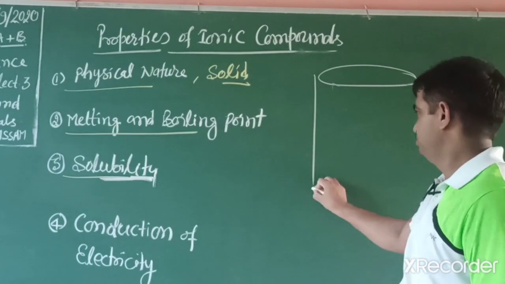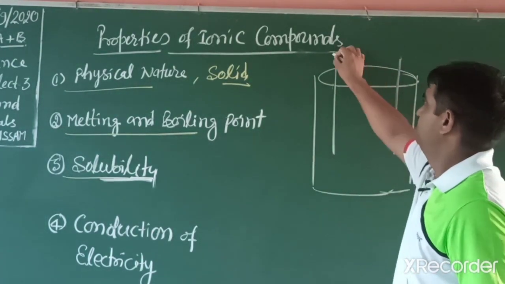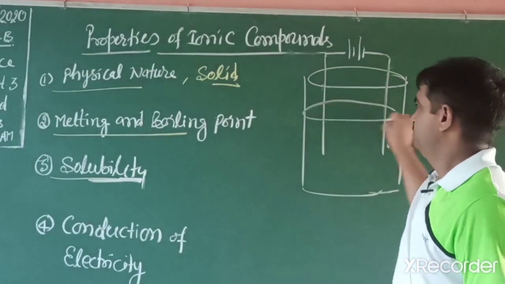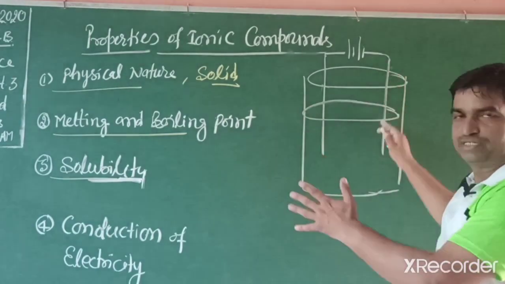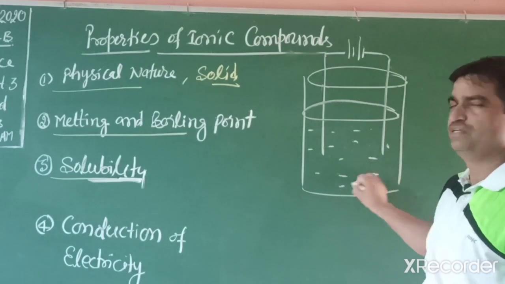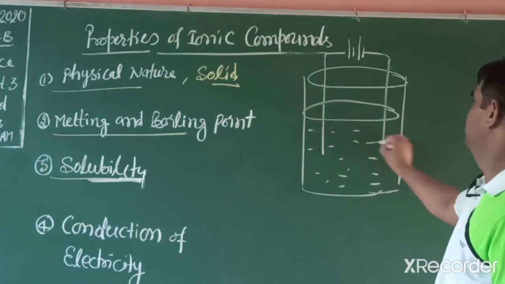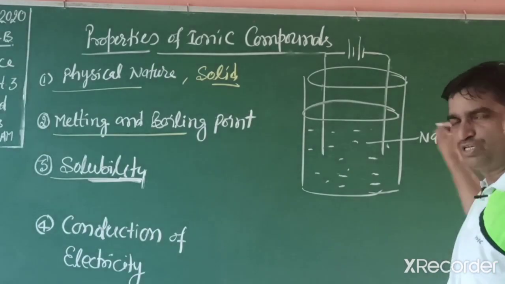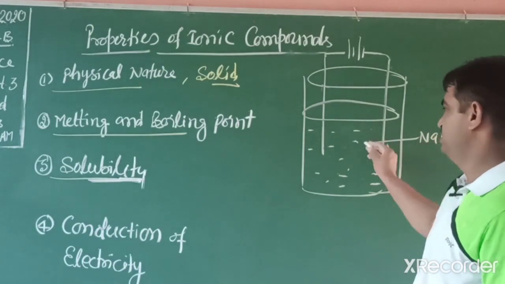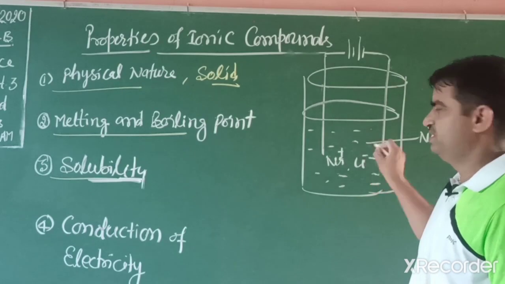In a solution we take two different electrodes connected by a battery, and we fill in an electrolyte. An electrolyte means ions, like sodium chloride, potassium chloride, magnesium chloride. These have cations and anions.